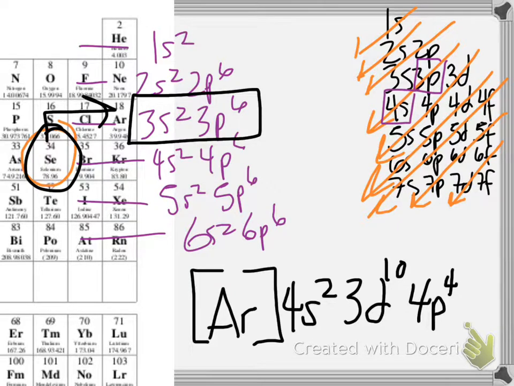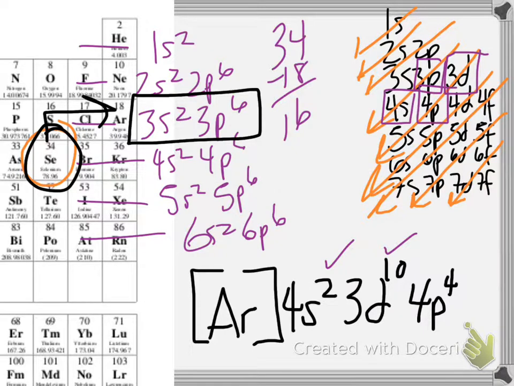And how many more electrons do I need? Well, 34 minus 18, I need 16 more electrons. So I've got 2. After 4s, what do I fill? Why, I fill 3d. That gets me 10. I now have 12. I need 4 more. What fills after 3d? 4p. And there's my last 4. So, you good with that?